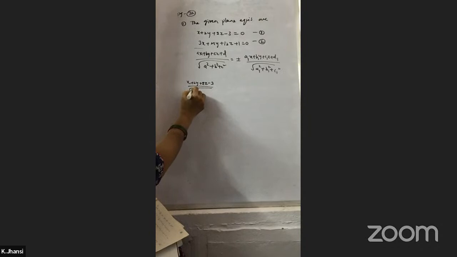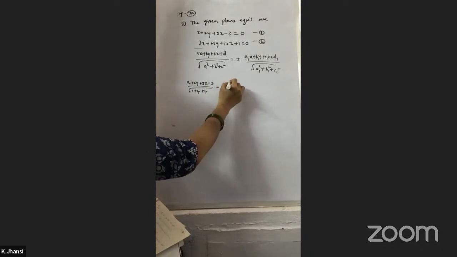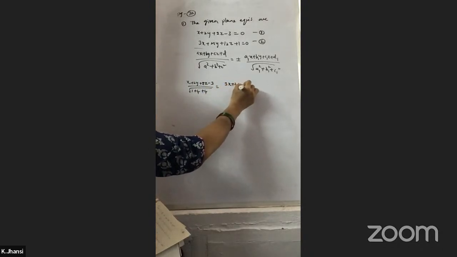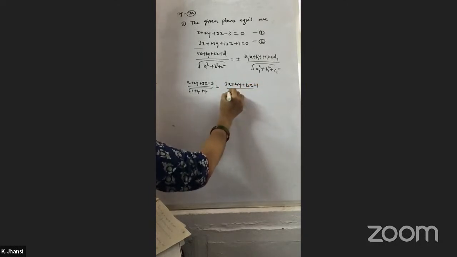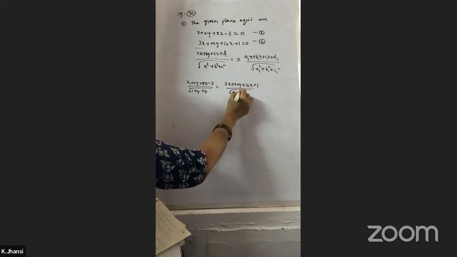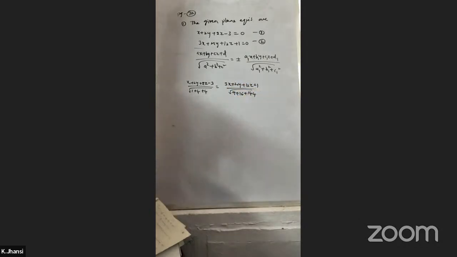So 1 square is 1 plus 2 square is 4 plus 2 square is 4. And here 3x plus 4y plus 12z plus 1 by under root of 3 square is 9, 4 square is 16 plus 12 square is 144.